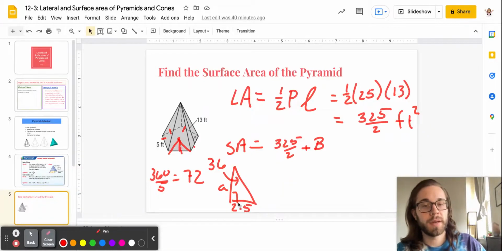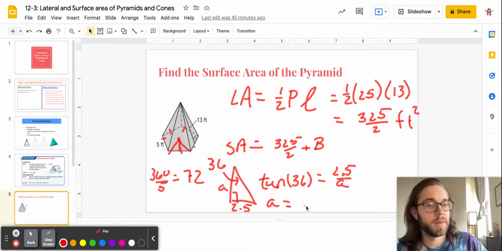So we have opposite and adjacent. So we have tangent of 36 degrees is equal to 2.5 over the apothem. So when we solve that, we get the apothem is equal to 2.5 over tangent of 36.